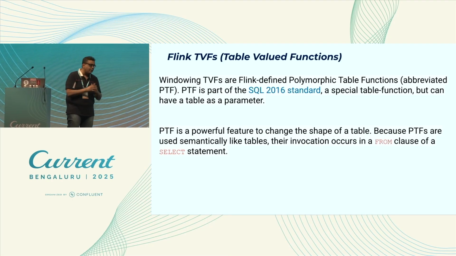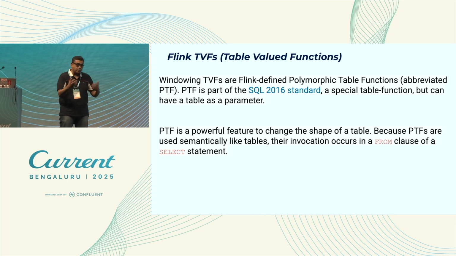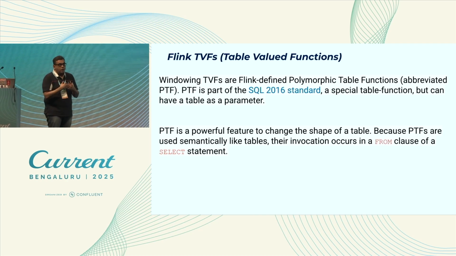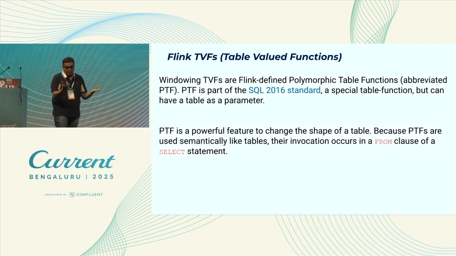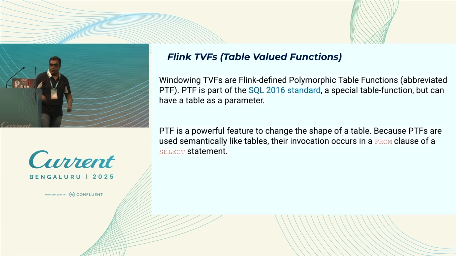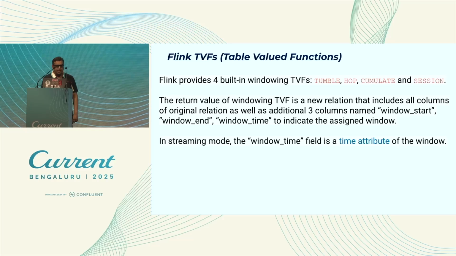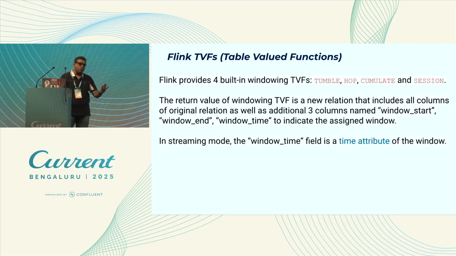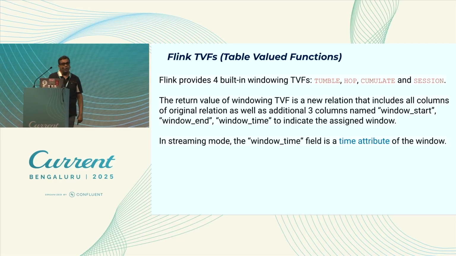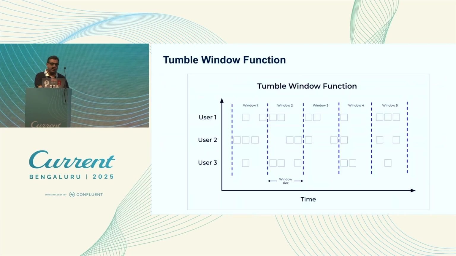These are called table valued functions because these are functions which let you use tables, relational tables, as parameters. This is part of the ANSI SQL 2016 standard, by the way, and Flink provides 4 such built-in windowing table valued functions: tumble, hop, cumulate, and session.